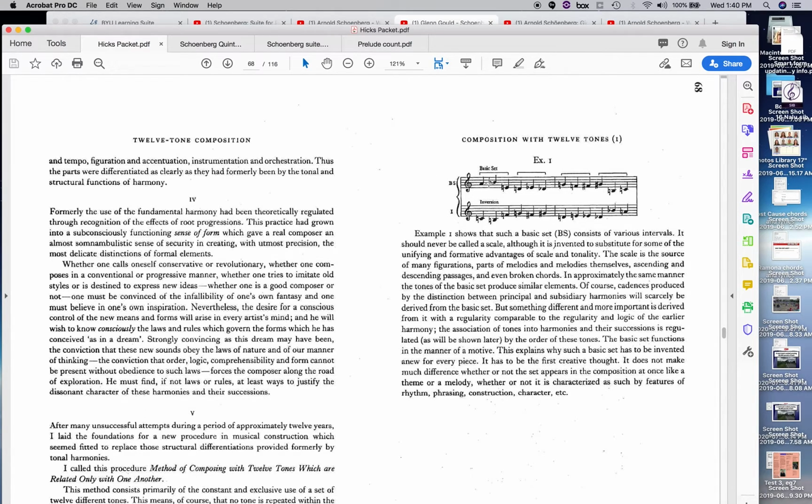The next one is the R, or the retrograde, and that consists of starting from the end and going from the beginning. So the retrograde would be C, B, G sharp, F sharp, F, etc. Very simple. And then the 4th permutation, maybe you can guess it, that's the retrograde of the inversion.